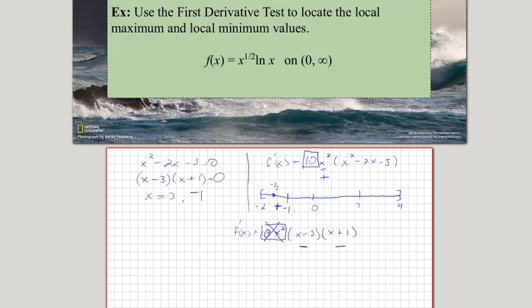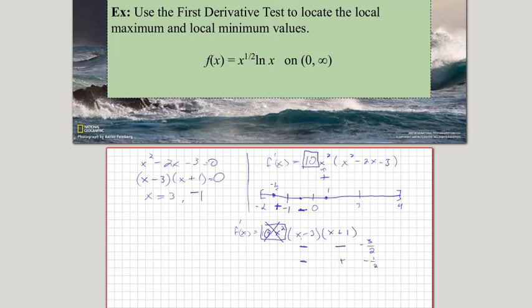And if I go to the right of negative 1, so plug in, say, negative 1/2. Let me keep this straight. This is what I got when I plugged in negative 3/2. Now I'm plugging in negative 1/2, but I'm going to get a negative here and a positive here. So this derivative is negative. And now if I plug in, how about 1?